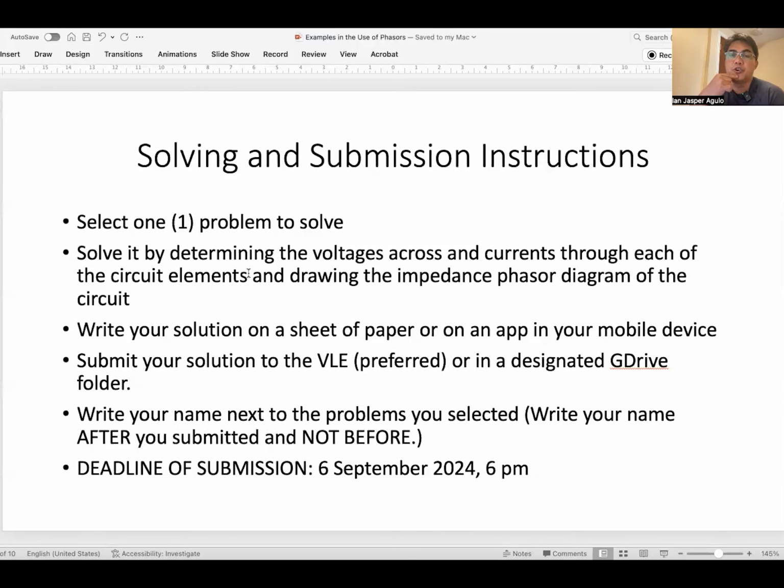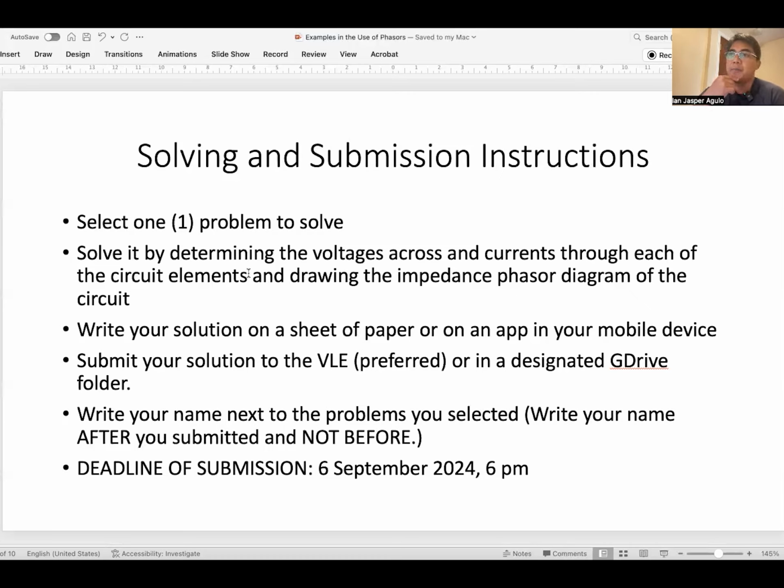You need to draw the phasor diagram as accurately as possible. So you may use MATLAB, or if you like, you can get a graphing paper and then use, anong tawag dito? Protractor. Okay?